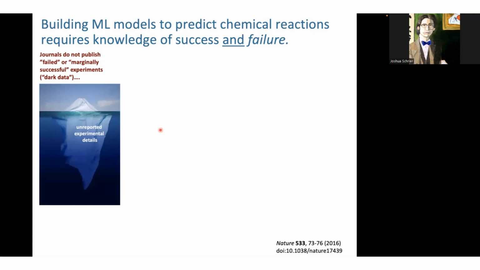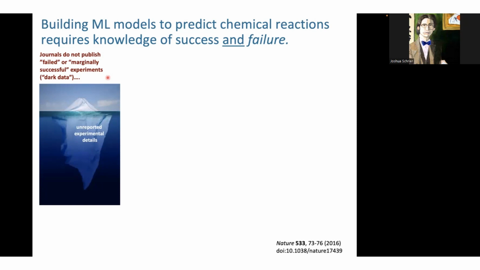It only contains one example of a successful reaction and does not include all of the failures along the way, right? And so if you think about trying to train this classifier function that is finding the boundary between successful outcomes and failed outcomes in the lab, well, we just don't have examples in the literature of those failed reactions. And so, in some sense, the data sources are really kind of incomplete.